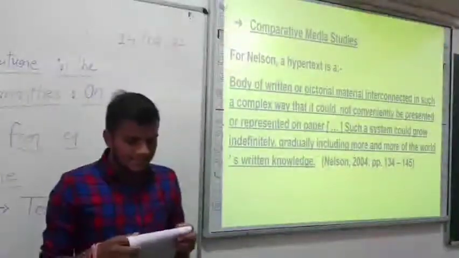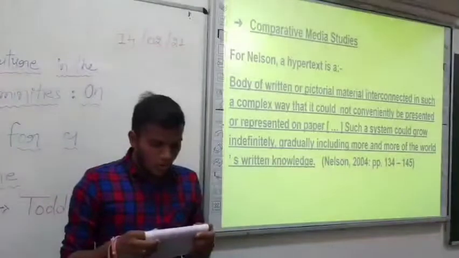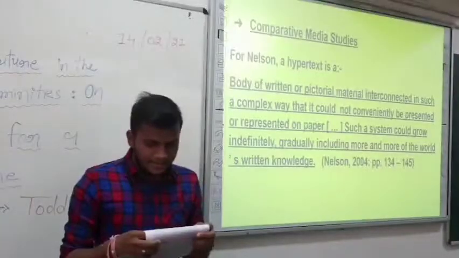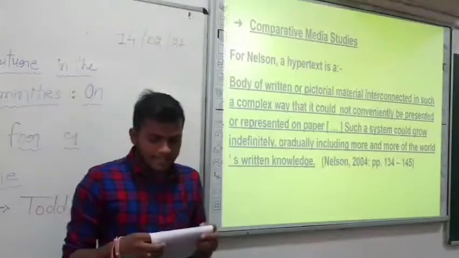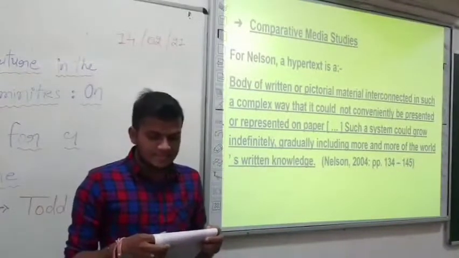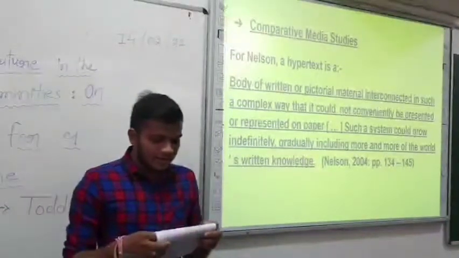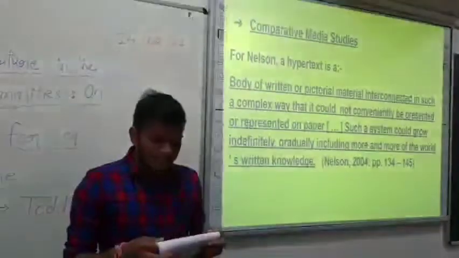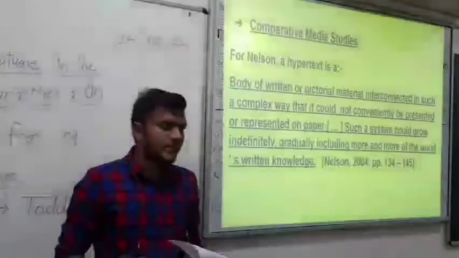So Nelson's hypertext is a body of written or pictorial material interconnected in such a complex way that it could not conventionally be presented or represented on paper. Such a system could grow gradually, including more and more of the world's written knowledge. And then Nelson called his invention the evolutionary list file.